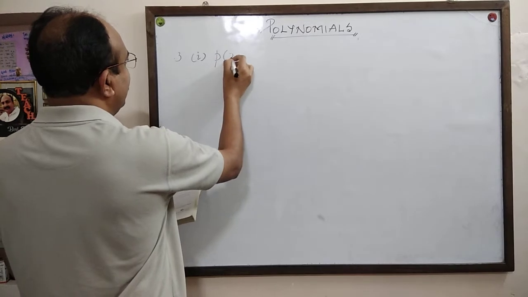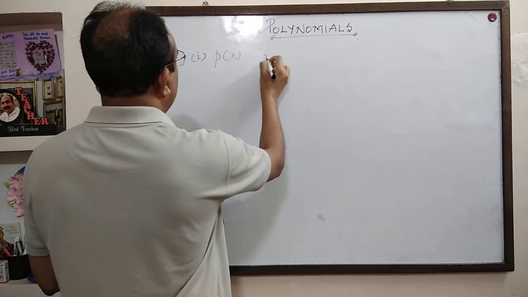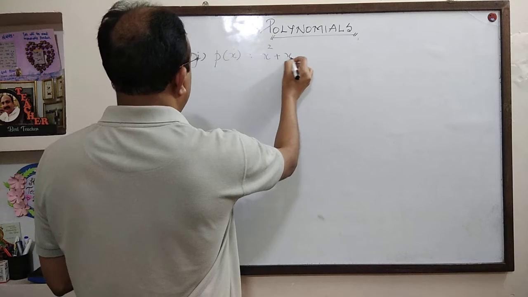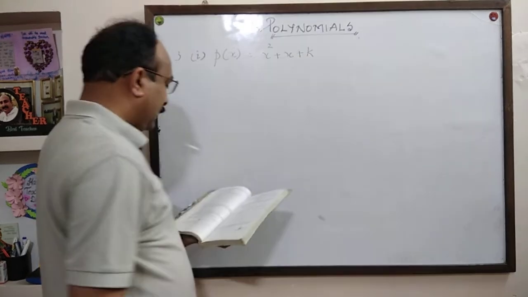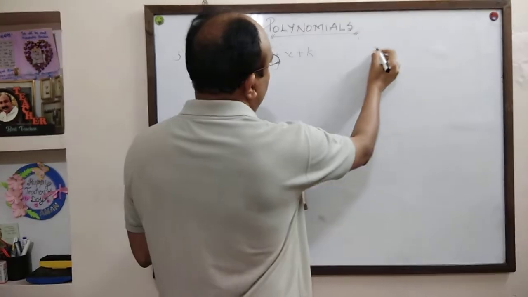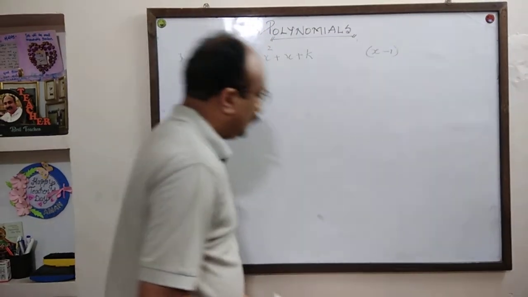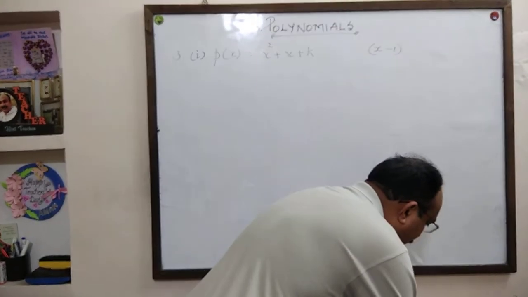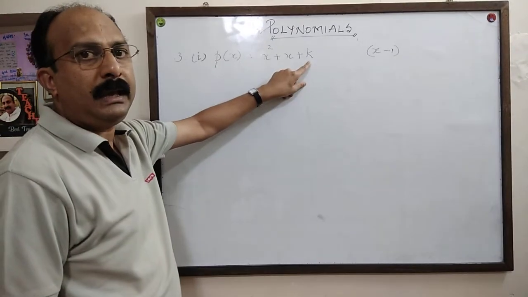P(x) equal to x square plus x plus k. Remember, we are given x minus 1 is a factor of P(x). If x minus 1 is a factor of P(x), find the value of k. Here you can see a k.